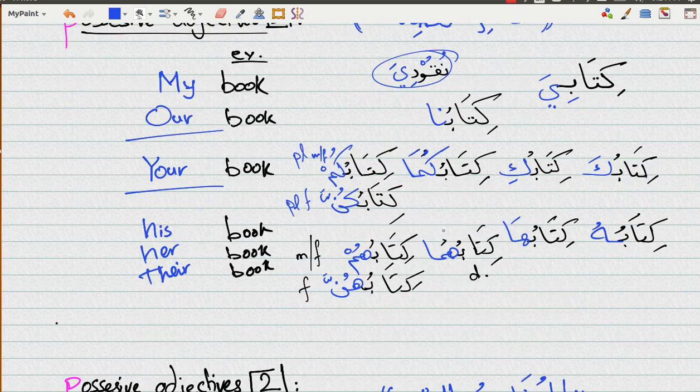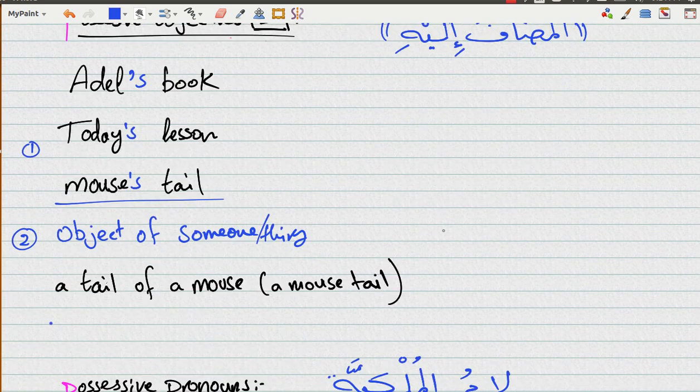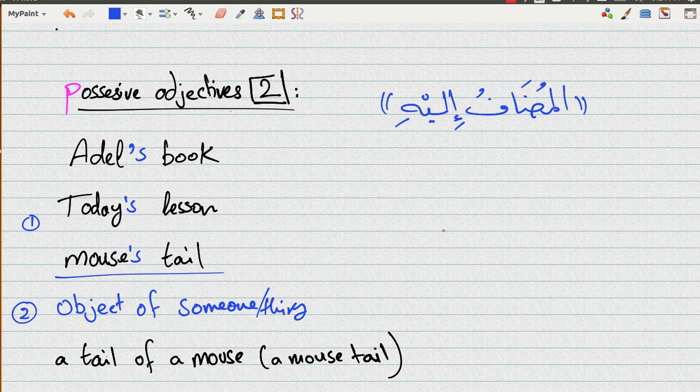So how about saying this book is someone's and I want to mention him by name, right? In English you do that by adding an apostrophe with an S, but in Arabic we have another structure that we call al-mudaf and al-mudafu ilayhi.